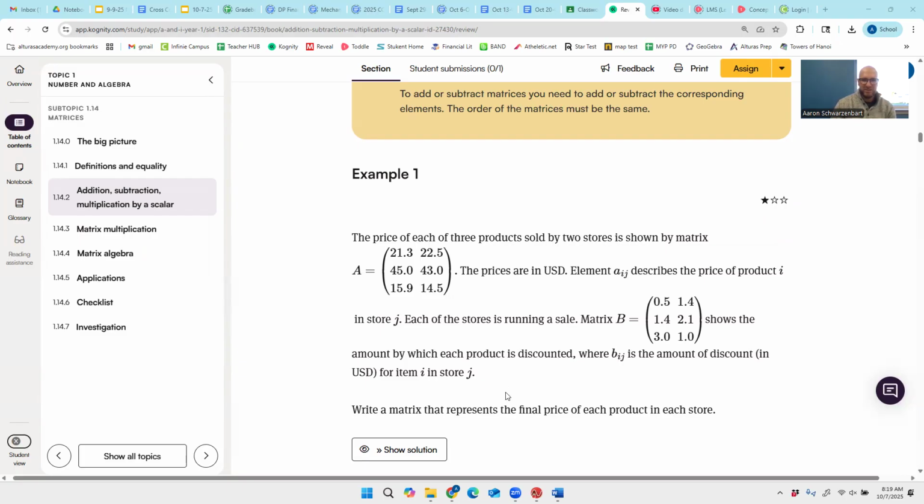So to find the final price is actually A minus B, which is A plus, and I'm just going to make them all negative.